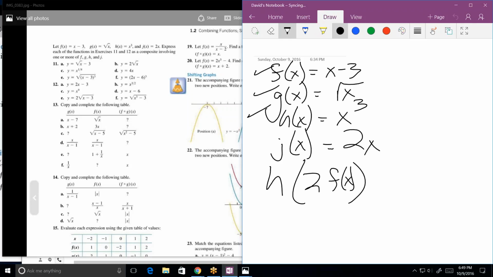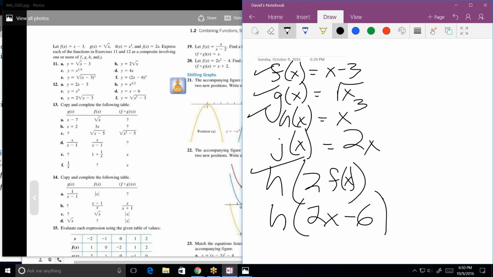What's 2 times f of x? 2 times f of x would be 2x minus 6. Correct. Now, if I take h of 2x minus 6, I get the answer we're looking at. Right? Yes. Okay. So, I think that that is an allowable answer.